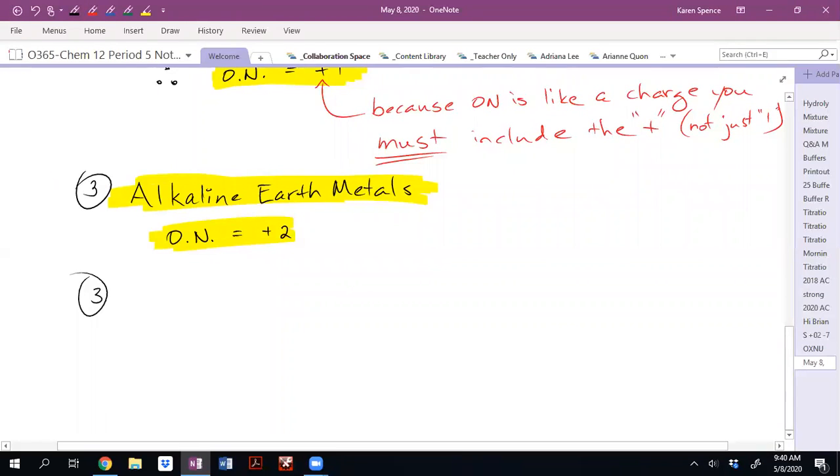So for our third one, we are going to have fluorine. And fluorine has an oxidation number of what?